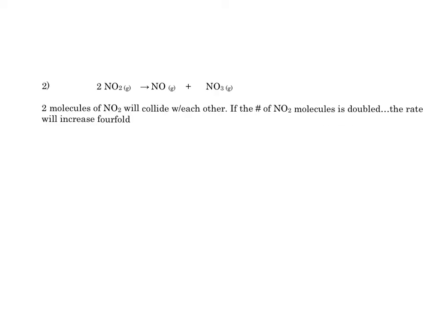Here's another example. Nitrogen dioxide decomposes into nitrogen monoxide and nitrogen trioxide, given by this equation. So 2 molecules are needed to collide. If the number of nitrogen dioxide molecules is doubled, so again this is 2, so 2 to some exponent, that's the concentration or mass or whatever, the rate will increase 4-fold.